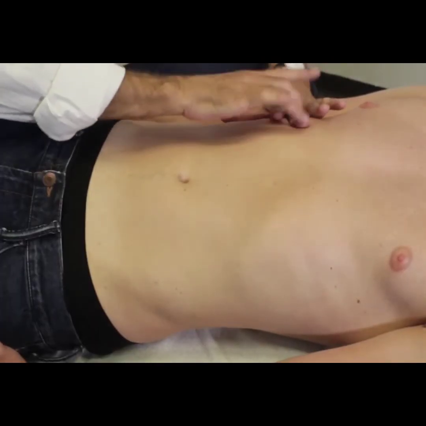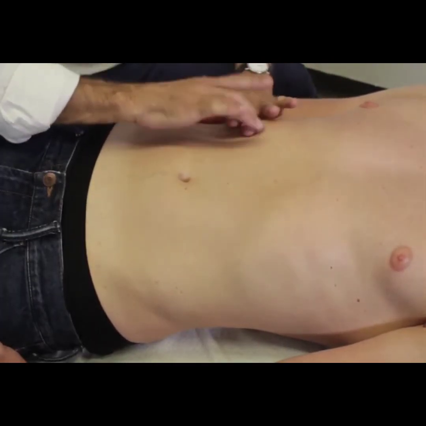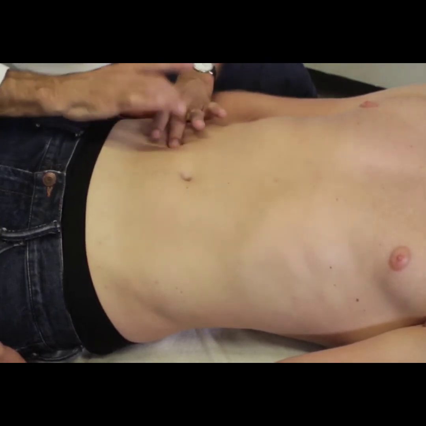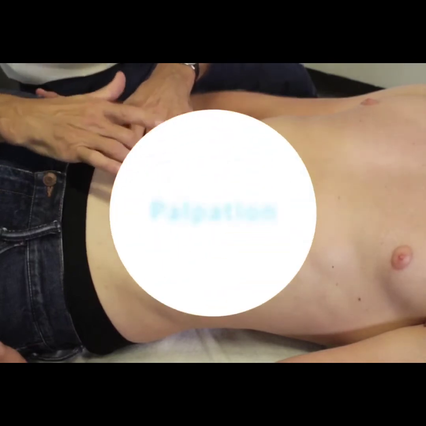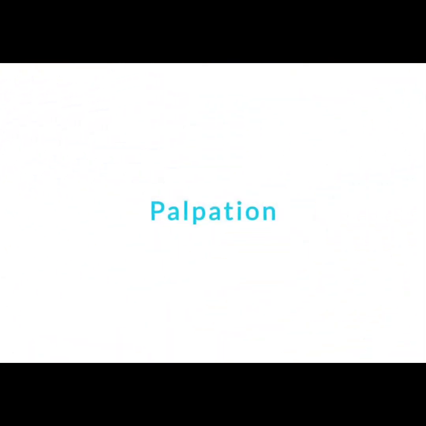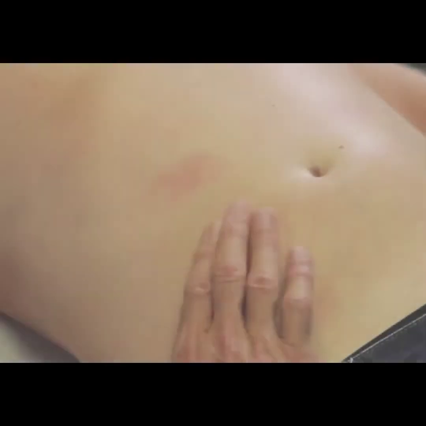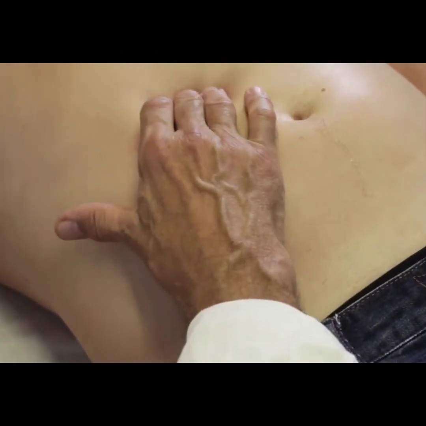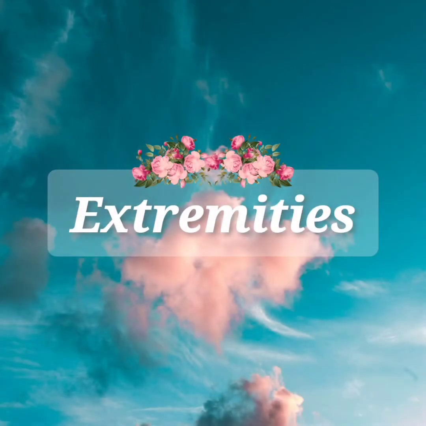Percussion of the abdomen. Assessing the percussion of the abdomen is essential in determining the size, shape, and density of the abdominal contents. Palpation of the abdomen. Palpate the abdomen to check for the presence of tenderness, muscular resistance, swelling, hepatomegaly, or hernia.